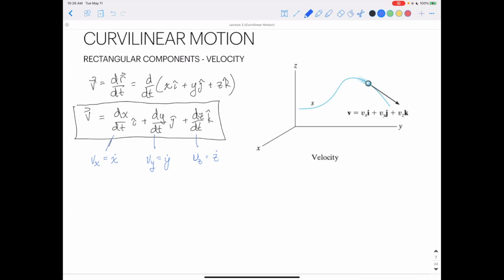Same thing as with position. Our velocity vector has a magnitude and direction, so we can write the magnitude of velocity as equal to the square root of the sum of the components squared: Vx squared plus Vy squared plus Vz squared.